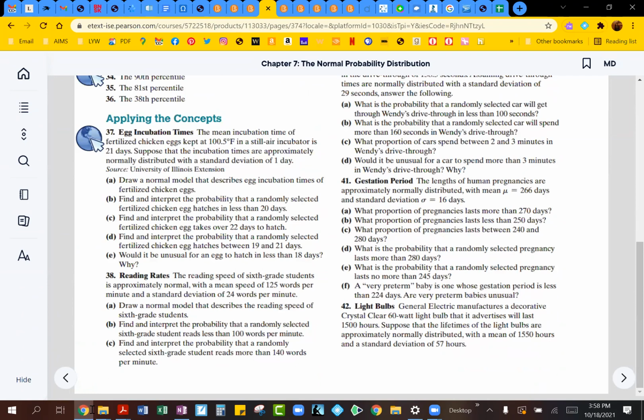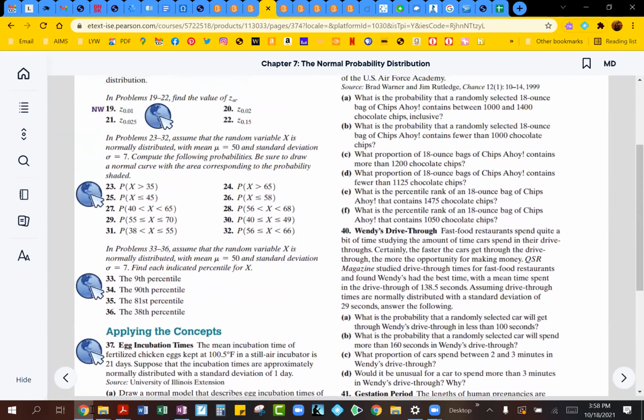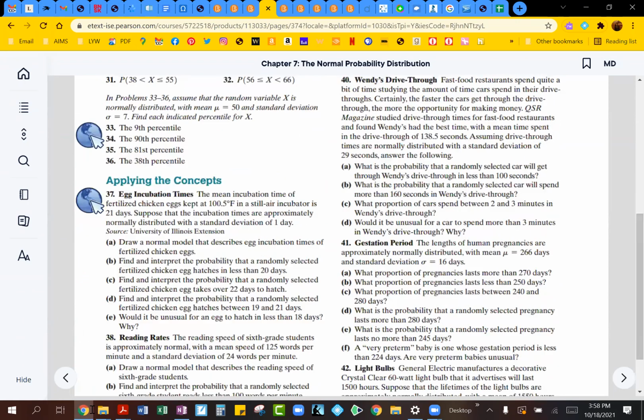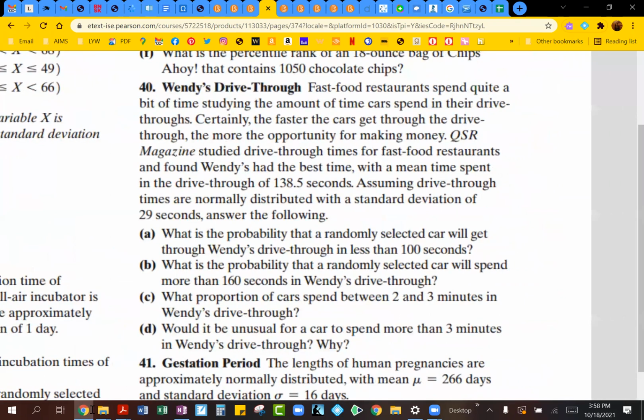We're probably not going to have a whole lot of time to do these, but why not? Let's pick Wendy's drive-through. So we can at least get one of these done, and we might have to look at some of these next time. So fast food restaurants spend quite a bit of time studying the amount of time cars spend in their drive-throughs.